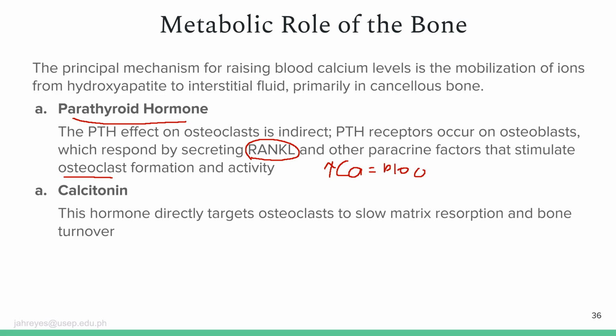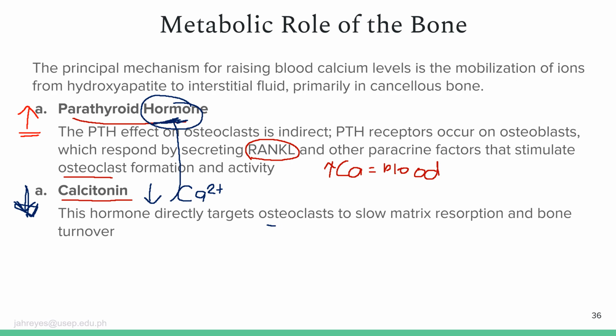While the calcitonin will inhibit bone resorption by inhibiting the effects of parathyroid hormone in the osteoclasts. Thereby, it will lower the calcium level. So this one promotes increase of calcium in the blood, and this one, the calcitonin, will inhibit the effect of parathyroid hormone, thus decrease the level of calcium in the blood.